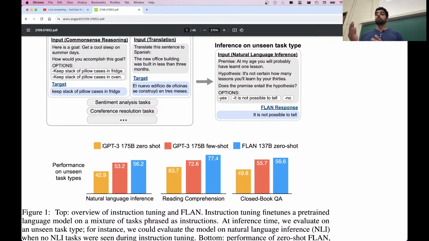This is using GPT-3 with zero-shot prompting, which means that for this input, I just feed it as a prompt into GPT-3, the language model trained on next word prediction, without any sort of instruction tuning, and it gets 42.9%. And we see that this FLAN model, which is being tested on unseen tasks, is outperforming these state-of-the-art models at that time with just this instruction tuning method applied to the base model parameters.